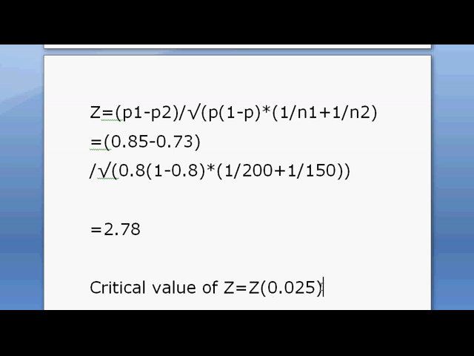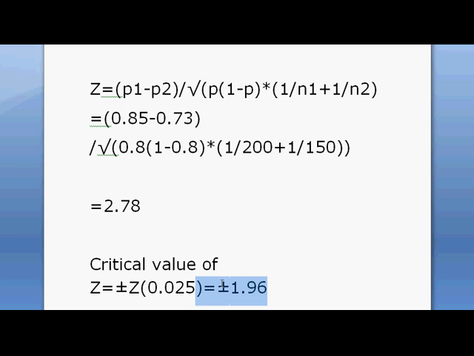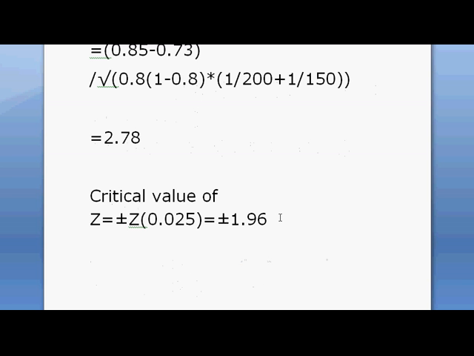Since we need to test for alpha equal to 0.05, and this is a two-tail test, it's two-sided, plus minus Z 0.025, that gives the value plus minus 1.96. This is the value obtained from the z table, the standard normal table.